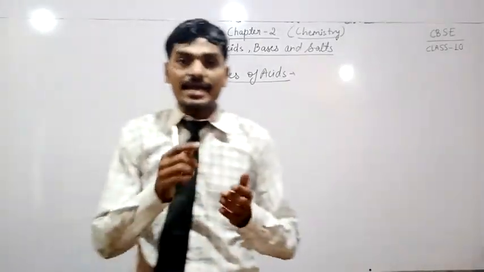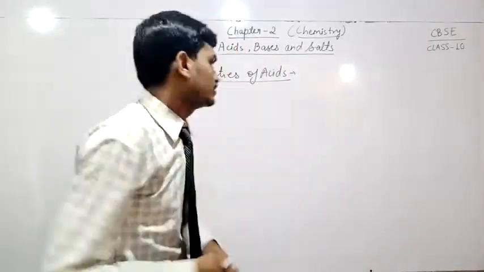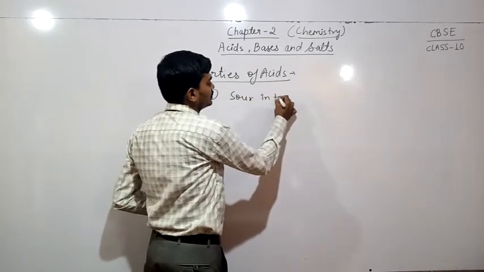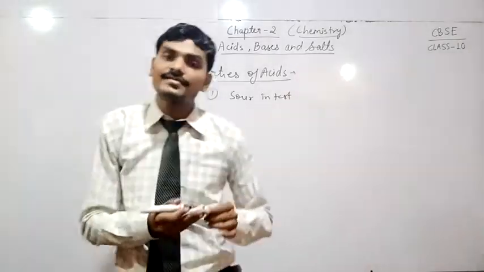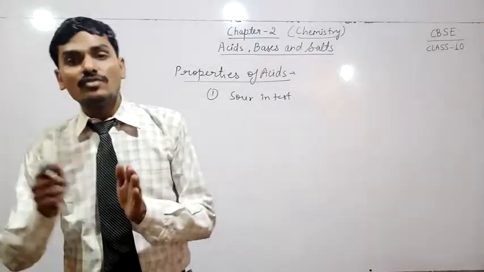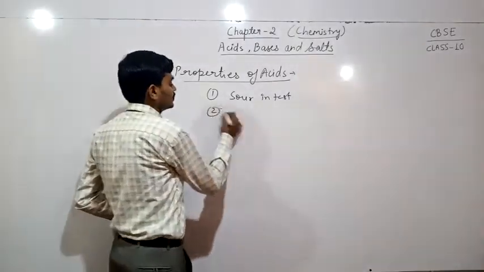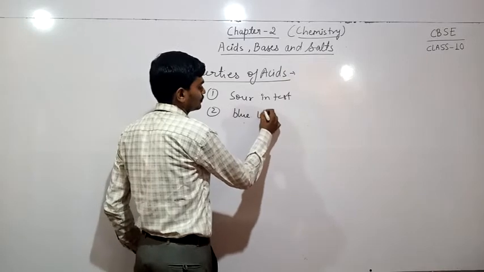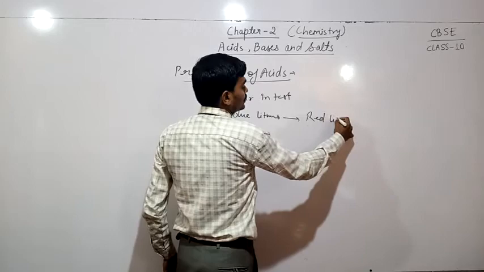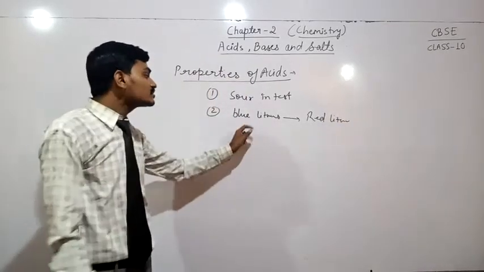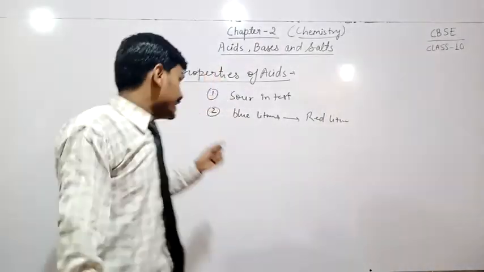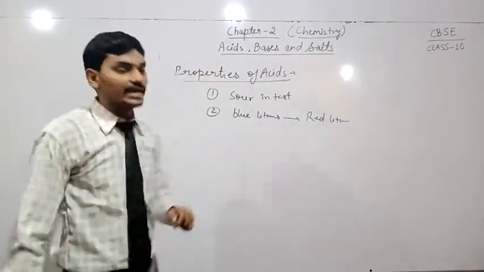First property, acids are sour in taste. Sour means खट्टा. That is, acids are sour. Second property, acid turns blue litmus into red litmus. So what does acid do? It turns the blue litmus paper into red litmus paper.